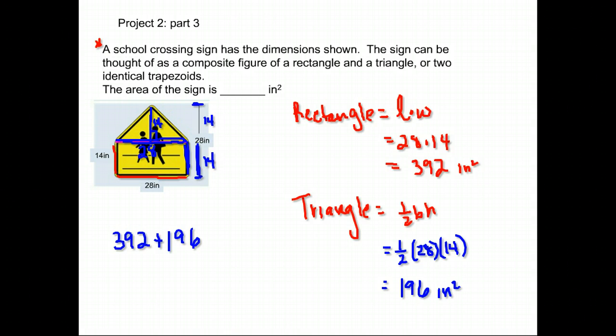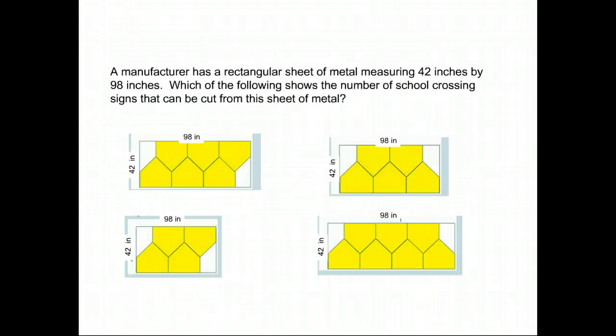So we have 392 plus 196 gives us 588. Okay, first one done. We found the area of the crosswalk sign.